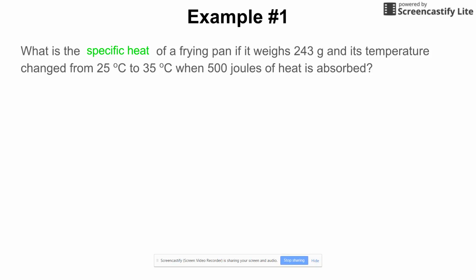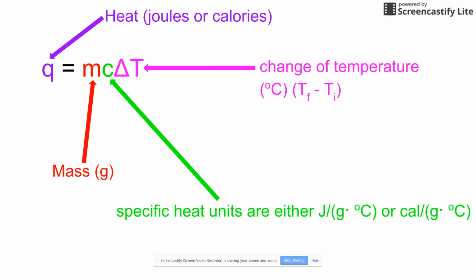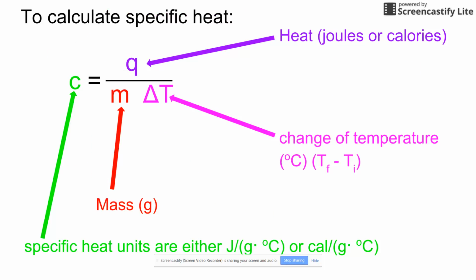This example asks for specific heat. Then you go back to your equation and identify where specific heat is. It's in green, that's why specific heat turned green. Then you have to solve for C, so you divide each side by M delta T, and you end up with this equation.